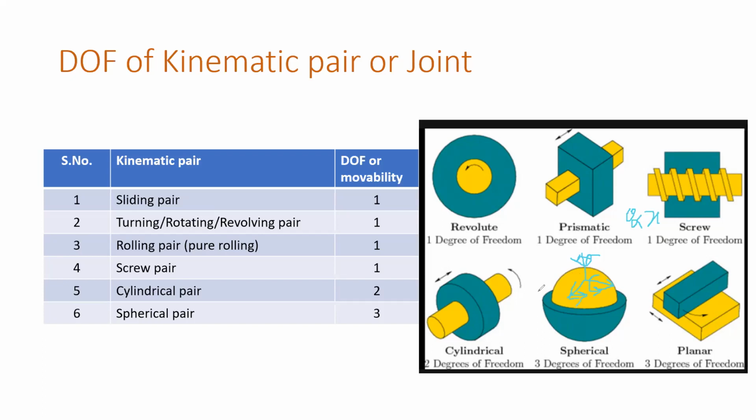You can turn it about any axis. That is the spherical joint. It has 3 degrees of freedom because no mechanical element will become an obstruction in its rotation, as far as this cavity is available. Unlike your turning joint or revolving joint, which allows rotation only in one direction. If you try to rotate in another direction, there will be an obstruction.